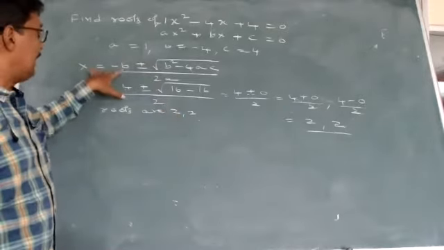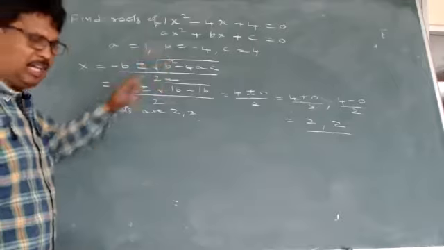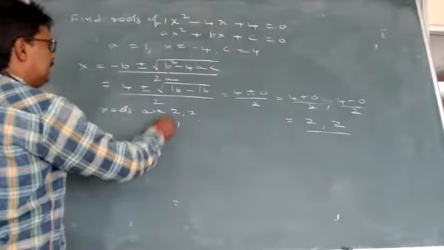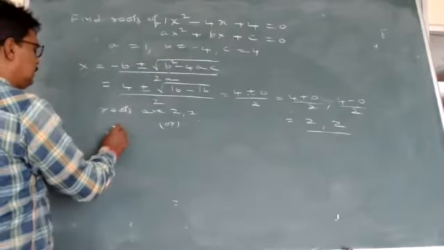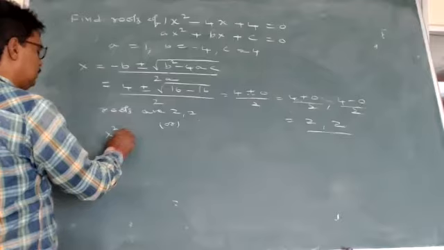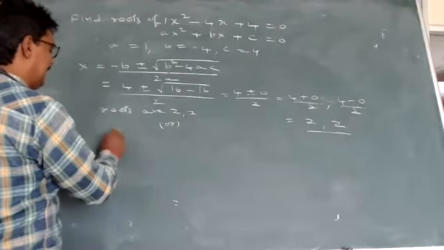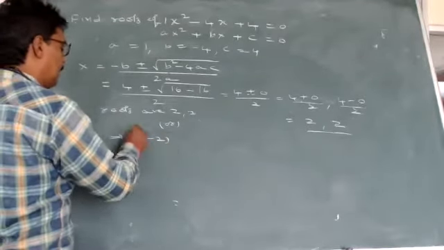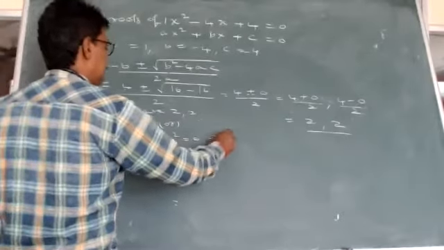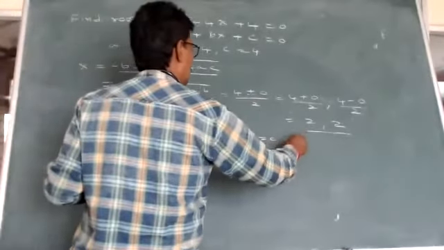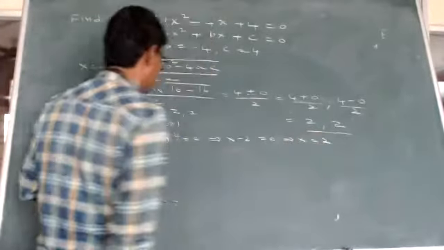Or we can also do it like this, by writing the factors simply: x square minus 4x plus 4 is x minus 2 whole square. So x minus 2 equal to 0, that is x equal to 2.